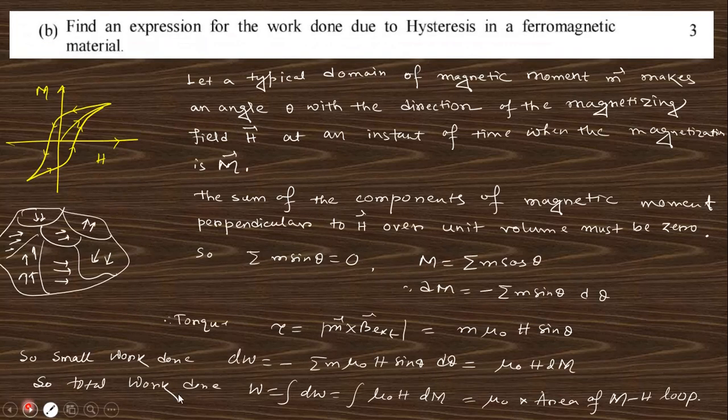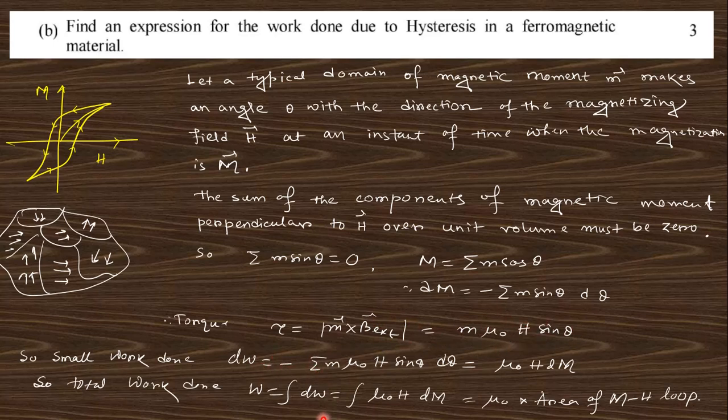Next, find the expression for the work done of hysteresis in the ferromagnetic material. You can see here the magnetic field along the edge and the perpendicular. Along this is the magnetic field and the perpendicular will be 0. So the torque equals m cross B, where B is the magnetic field.